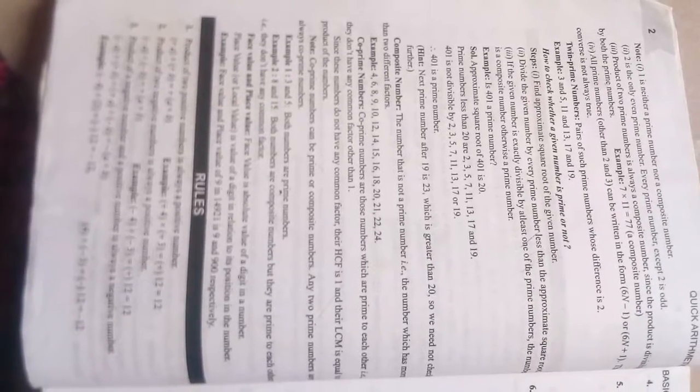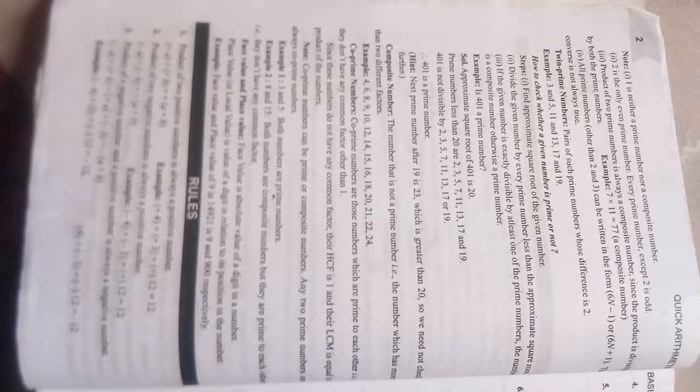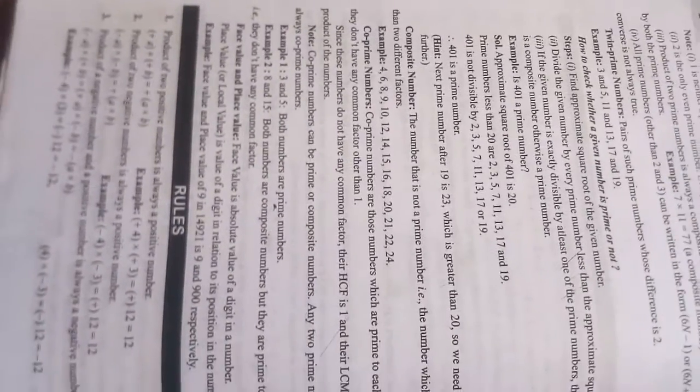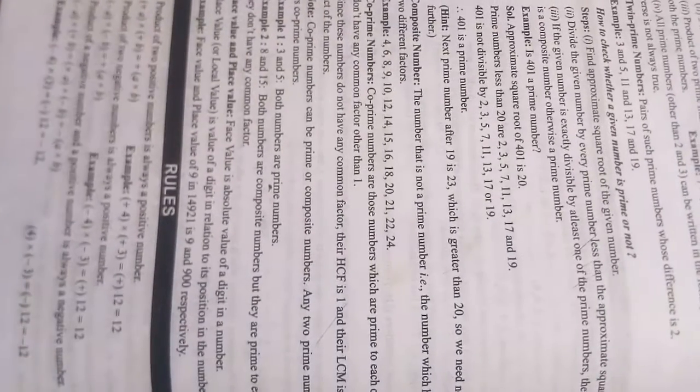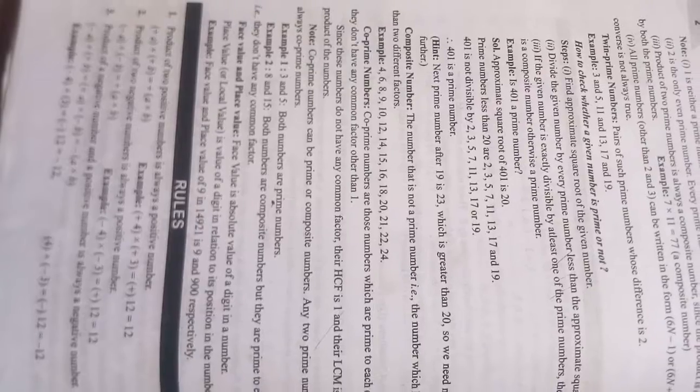Why? Because in number 1 we get only one factor. To become a prime number you should have at least 2 factors. To become a composite number, it should have at least 3 factors. Whereas 1 has only one factor. So 1 is not a prime number, and it is also not a composite number.